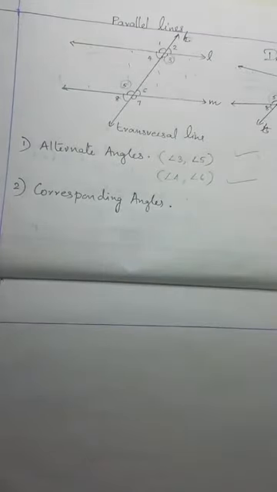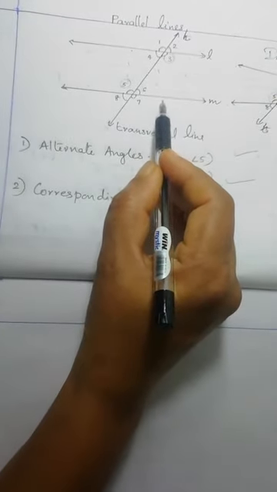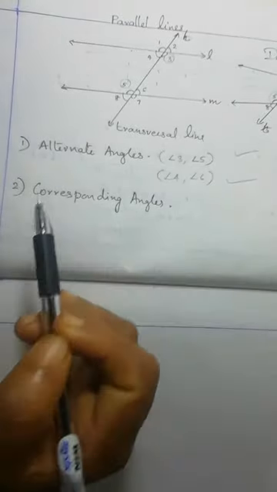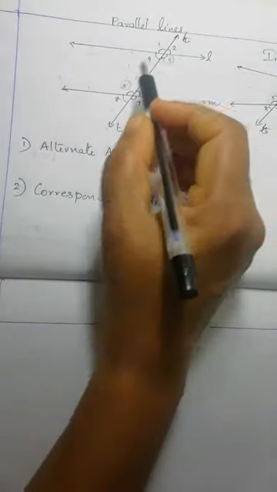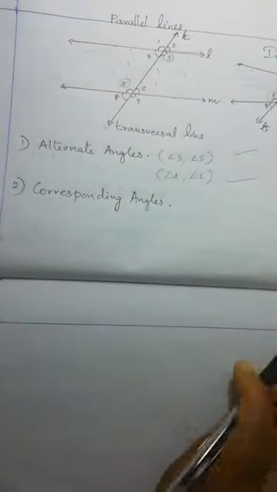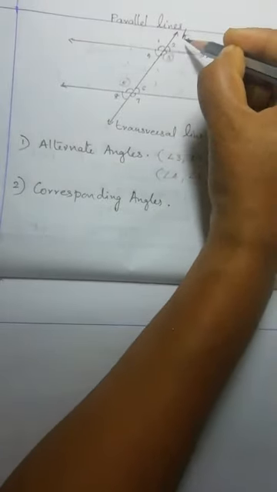And corresponding angles, the two angles are either above the line and on the same side of transversal, or below the line and on the same side of transversal. Either above the line. These are the lines, line L, line M. Above the line means this part. Above the line, this part.